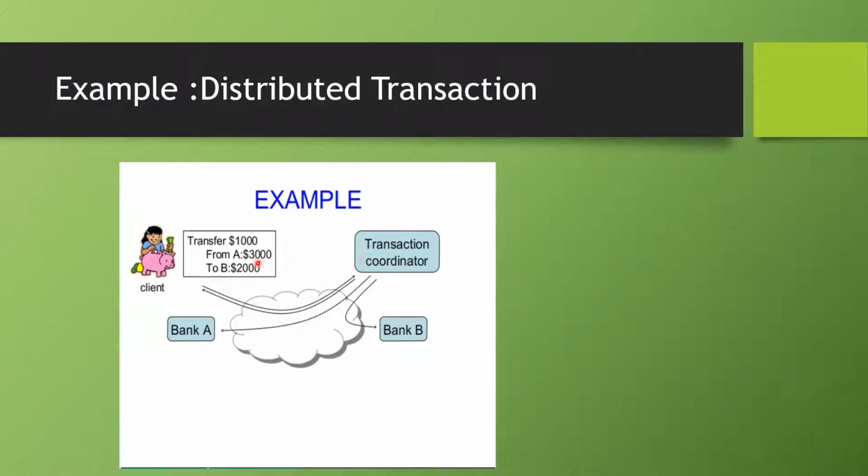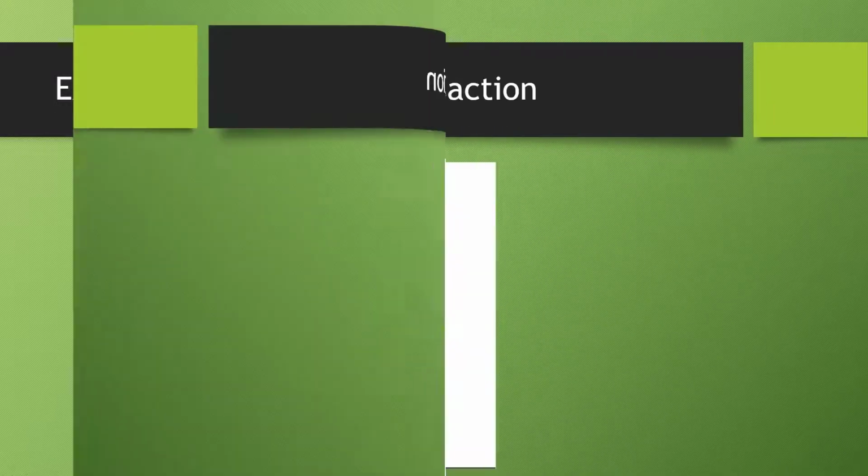Now we have to withdraw from A and transfer to B. So this coordinator coordinates the activity of both bank A and bank B, which are present in different servers at different locations. So this is an example of distributed transaction. That is, for executing this transaction, it has to access the servers which are present at different locations.